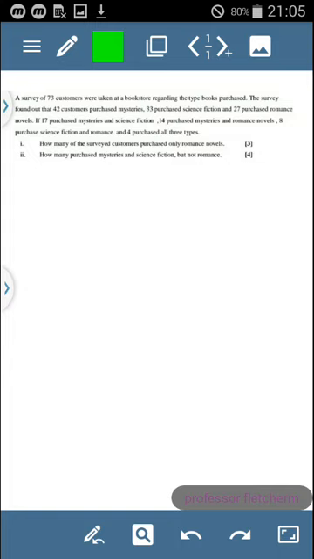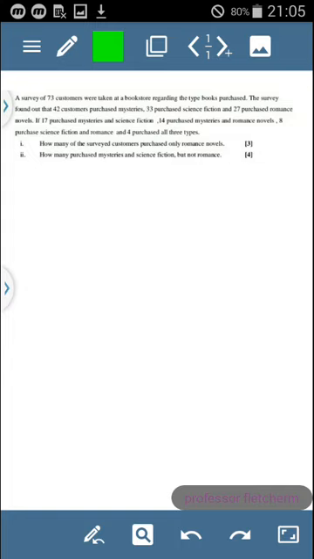A survey of 73 customers was taken at a bookstore regarding the books they purchased. The survey found that 42 customers purchased mysteries, 33 purchased science fiction, 27 purchased romance novels.